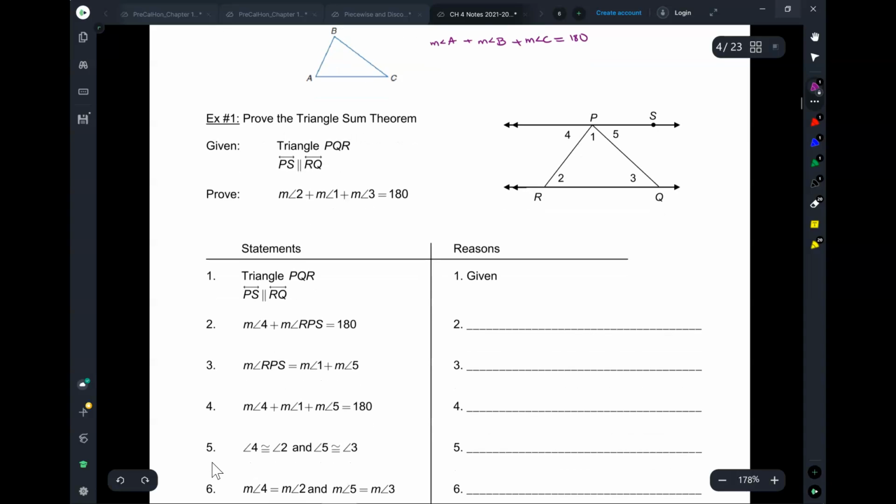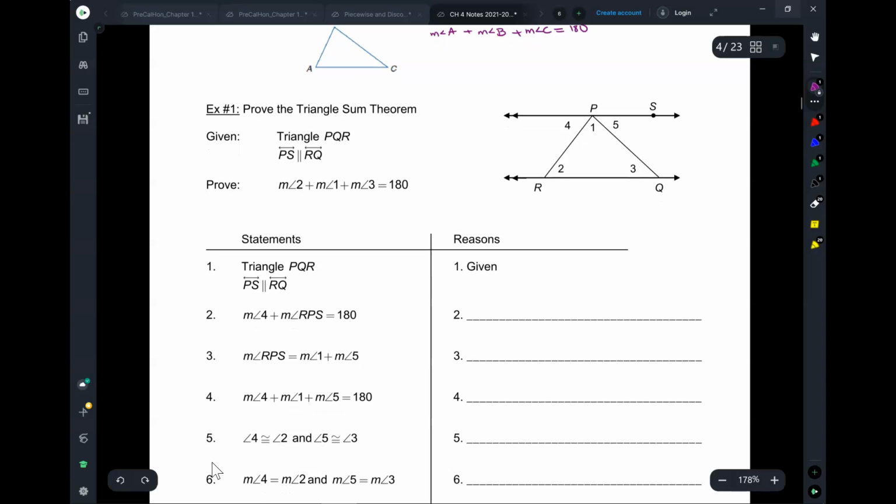So we have to prove measure of angle 1, 2, and 3 add up to 180. So that's the given. Now, measure of angle 4 plus measure of angle RPS, this one, okay, equals 180.